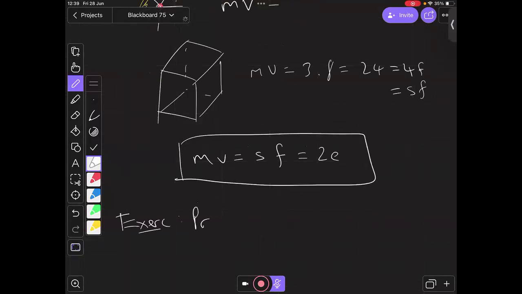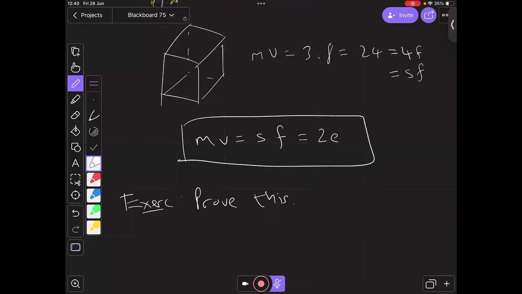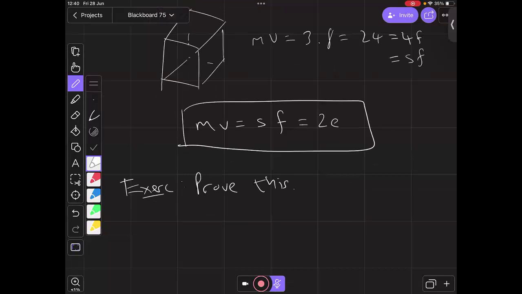I'm not going to prove everything because it'll take too long, but I'll let you try and prove that. I think you can see how it works in the case of the cube.